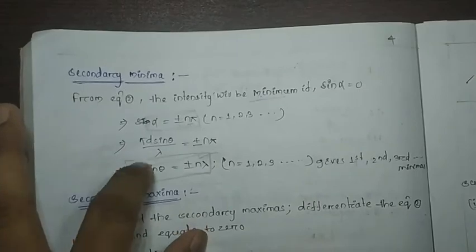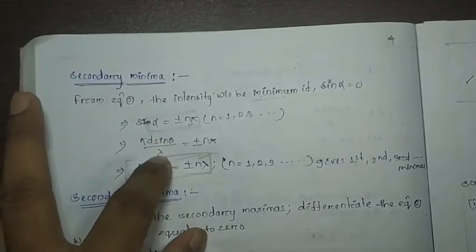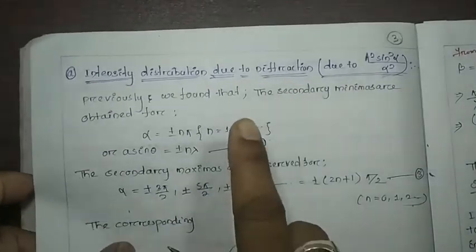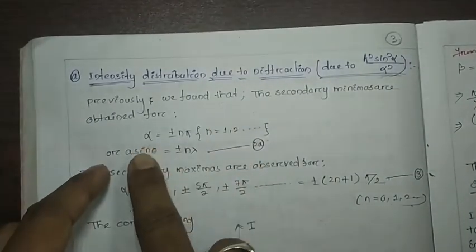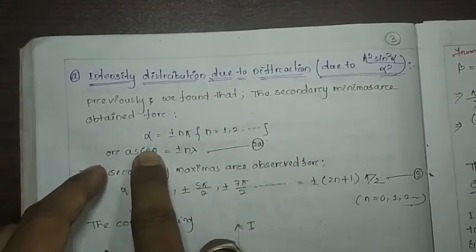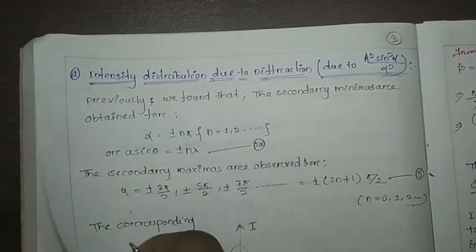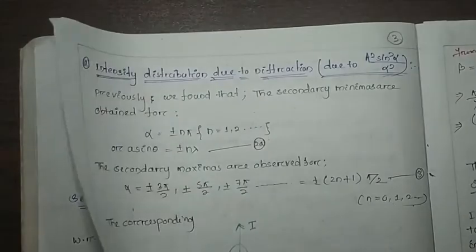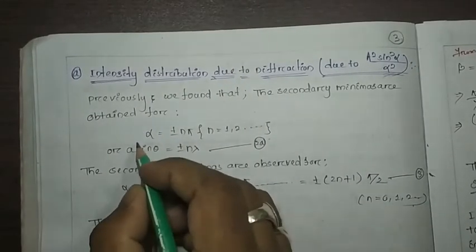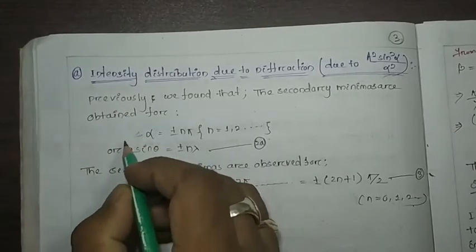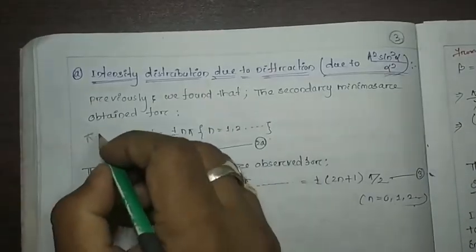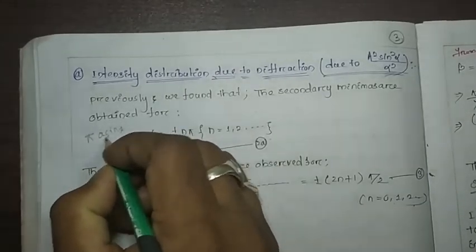Here alpha is pi d sin theta by lambda. Here d is the slit width, but in the case of double slit we have taken it as A. So here we can say alpha is pi A sin theta by lambda.